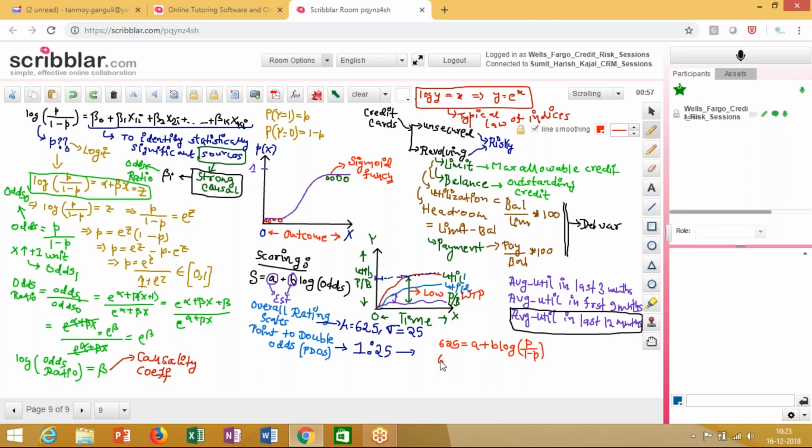The other equation is 650 and the log. So when you solve this, you will get values of A and B, and that will give you your final scoring equation, right?